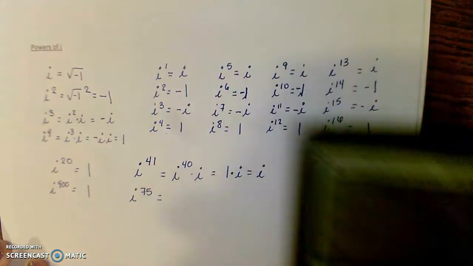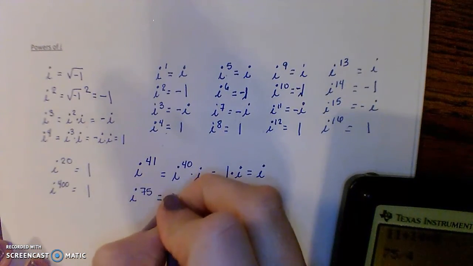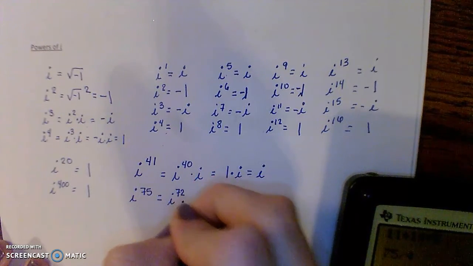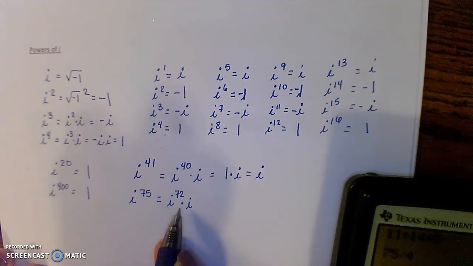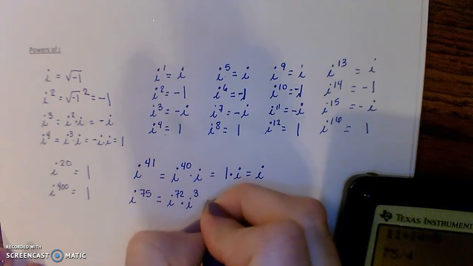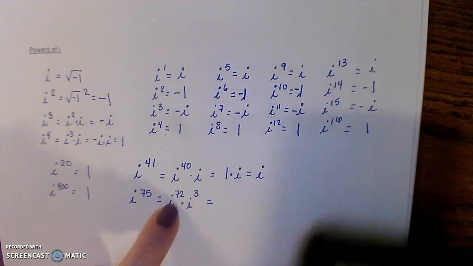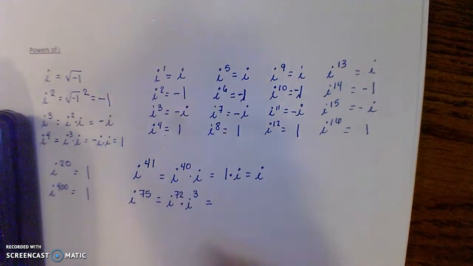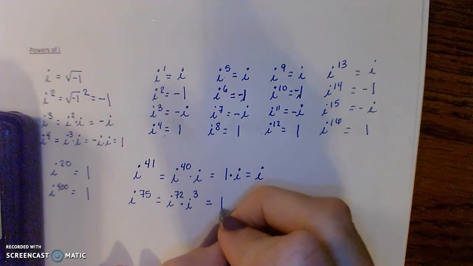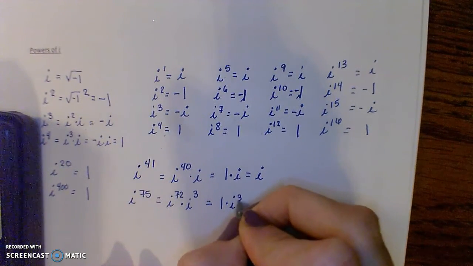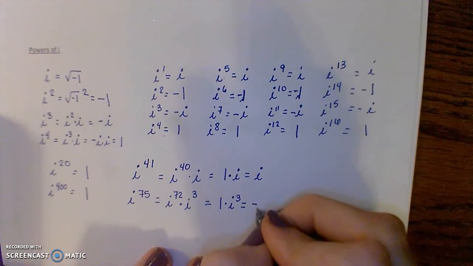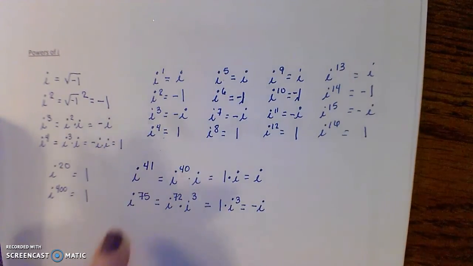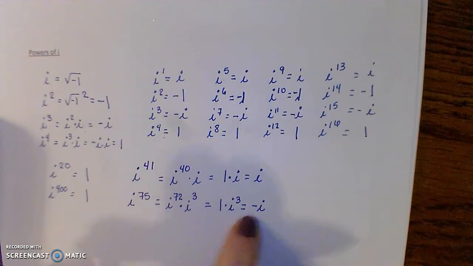So you could think of this as i to the power 72, and then times how many more i's to get 75 factors of i? You need 3 more. So i to the 72, that is a multiple of 4, will just be 1 times i cubed. And i cubed, we know, will be negative i. So that's how i to the 75th is going to simplify.